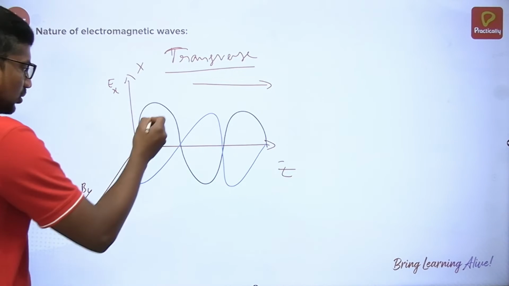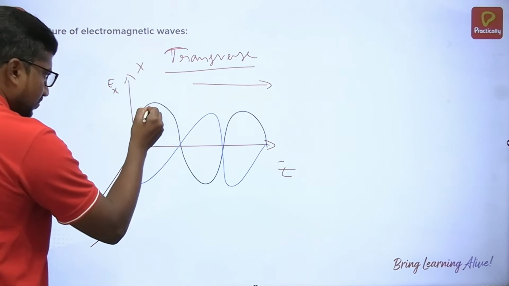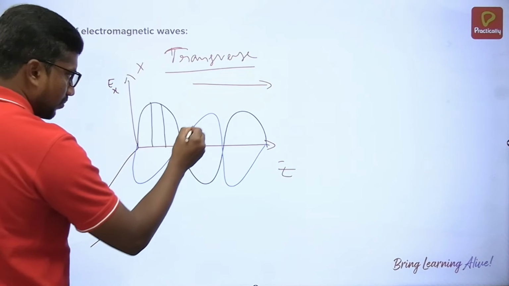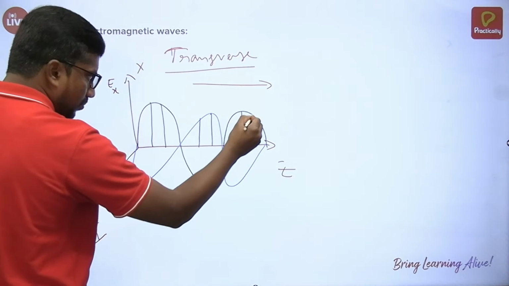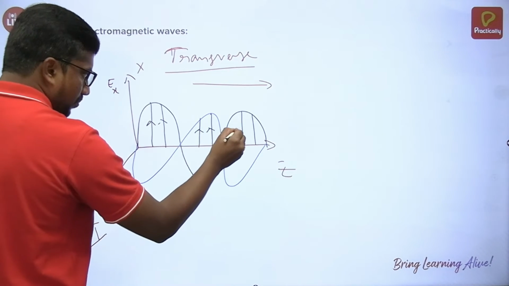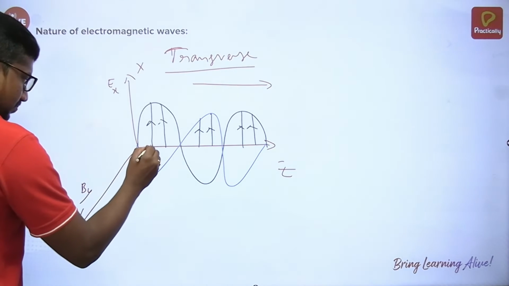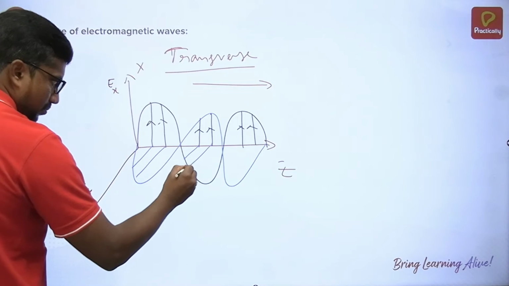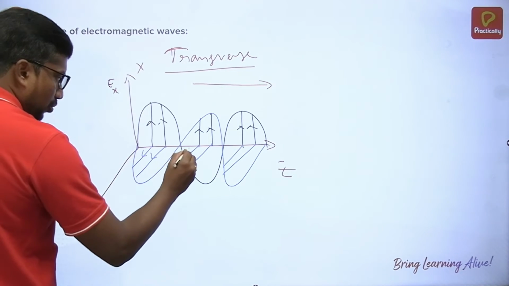So here the electric field is directed like this, and the magnetic field is directed like this. Both are mutually perpendicular to each other.